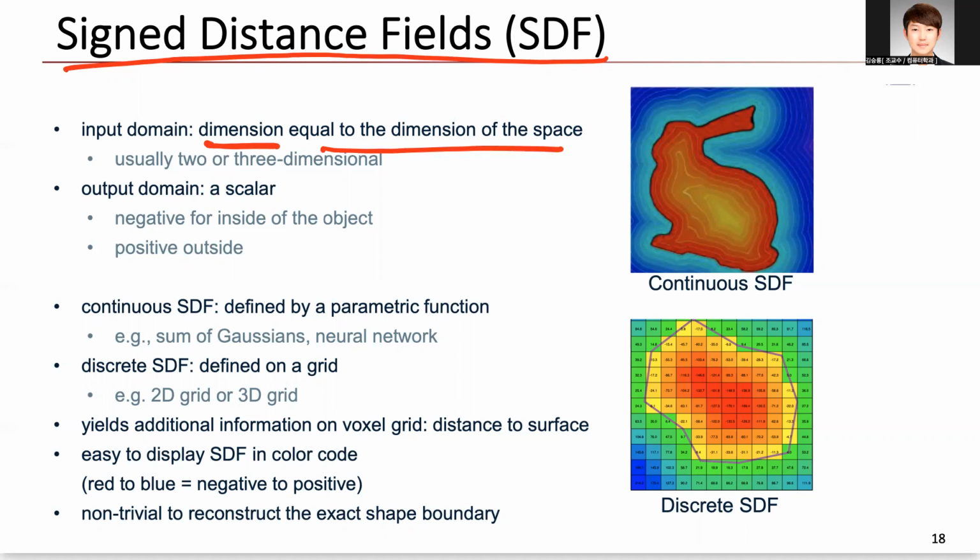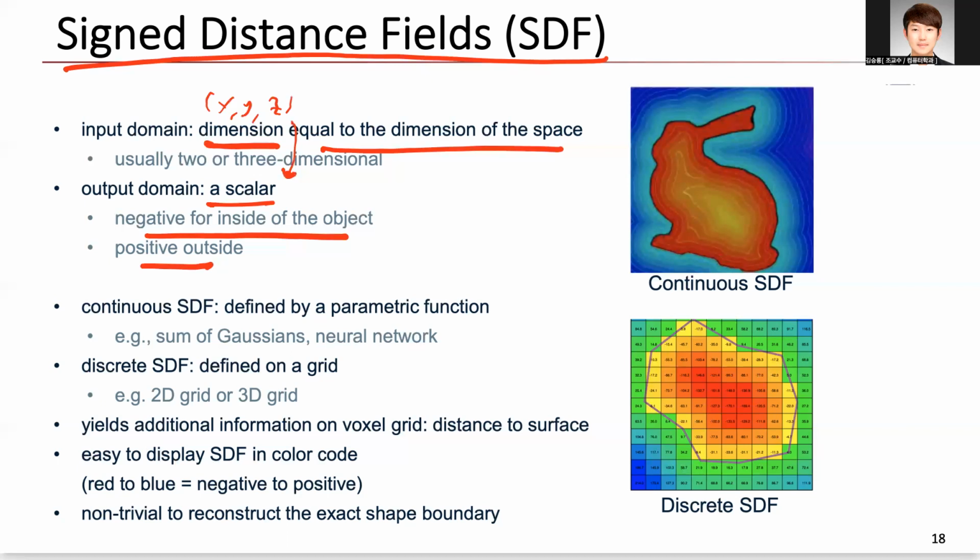If we consider the 3D space, the input is going to be x, y, z. Then we want to model the mapping function between x, y, z and a scalar value. The scalar value is negative for the inside of the object and positive outside.